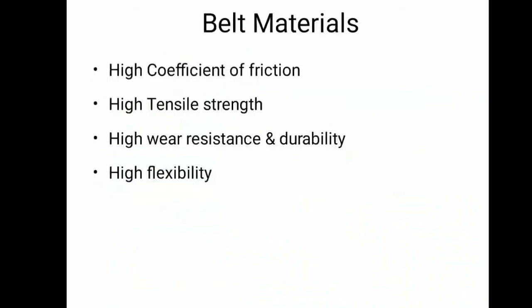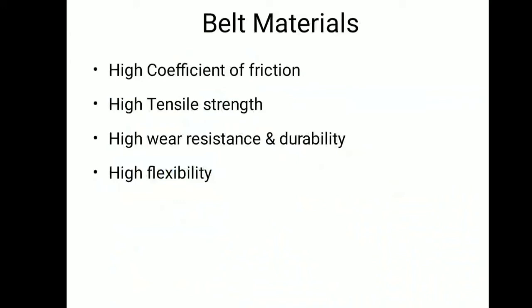Apart from that, we'll move towards belt materials. There are various materials. First of all, I'll tell you what the properties of the belt material should be. Just listen. High coefficient of friction, first thing, because the belts are always moving from one pulley to another, so it should have a high coefficient of friction. Second, high tensile strength.